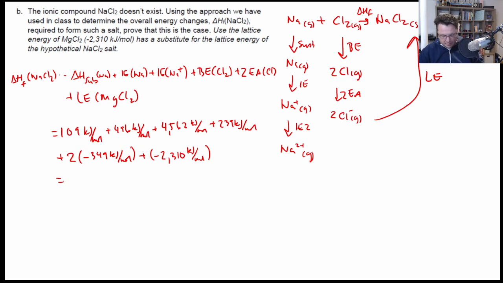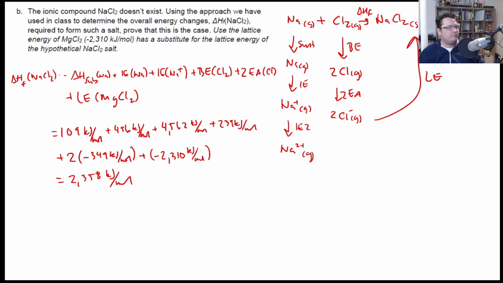So if I plug all these values in, we have 109 plus 496 plus 4,562 plus 239 plus 2 times negative 349 plus negative 2,310. What we get is a heat of formation of 2,358 kilojoules per mole.